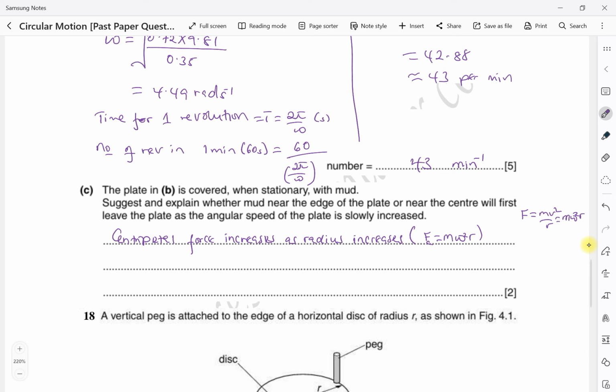So meaning that the centripetal force is larger at the edge than near the center.